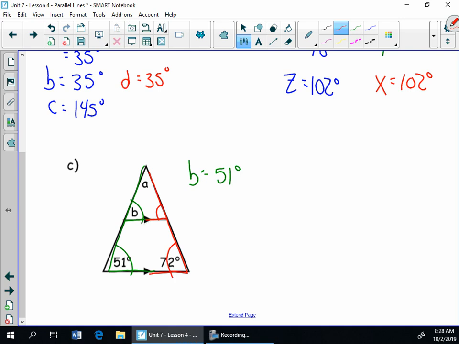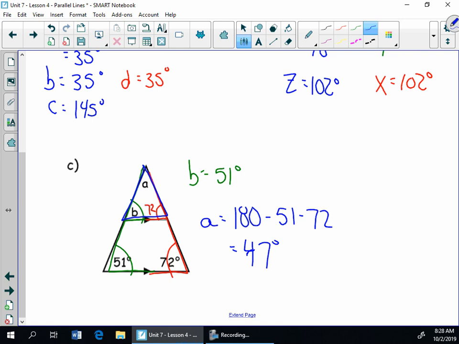So this missing angle is 72 right here. And if I want to find A, I got to think about triangles. What do I know about triangles? I know that triangles add up to 180. So if I get rid of the two parts I know, the B, which is 51, and the 72, I'll be left with my answer, which is 47.